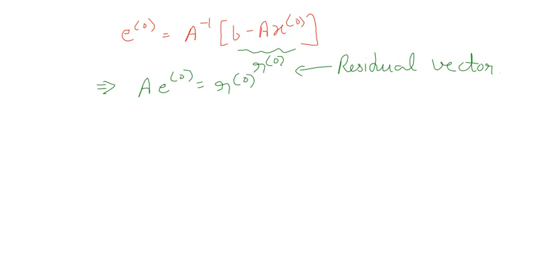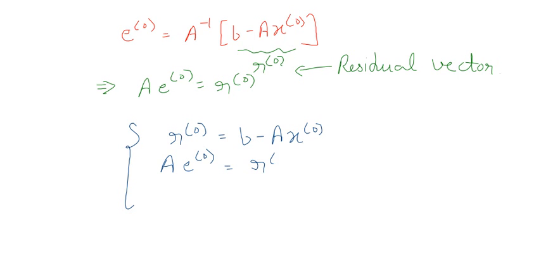If you look at it carefully, you first get the residual vector R0 equals B minus AX0. Then you will solve the equation AE0 equals R0, and from the previous relation X equals X0 plus E0, you get the exact solution.